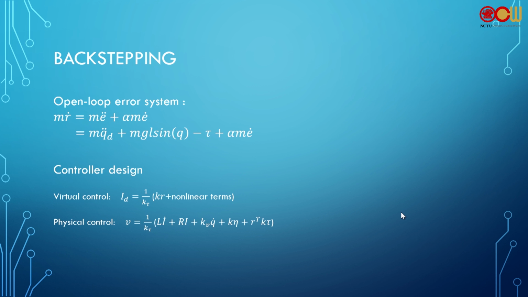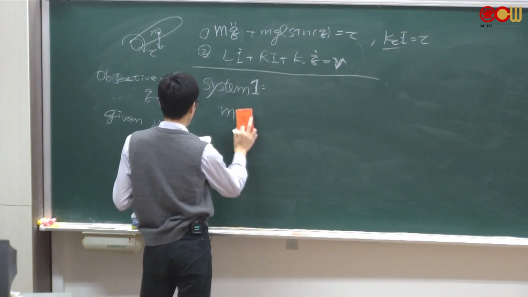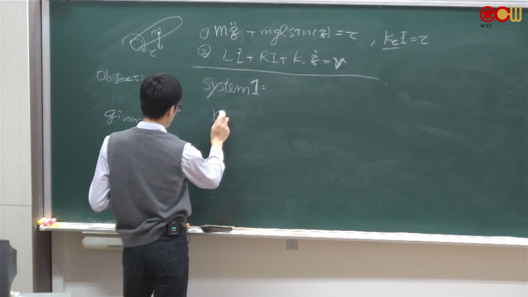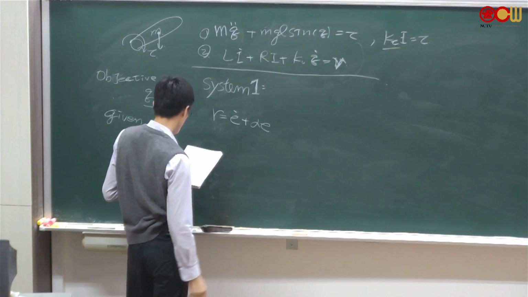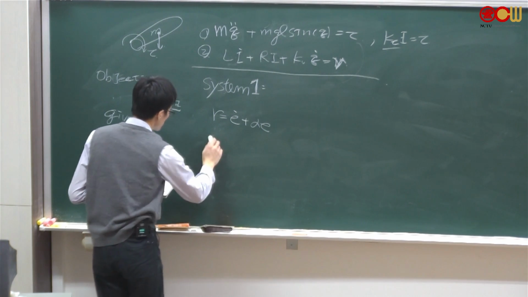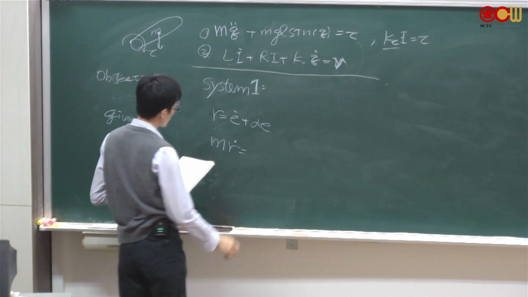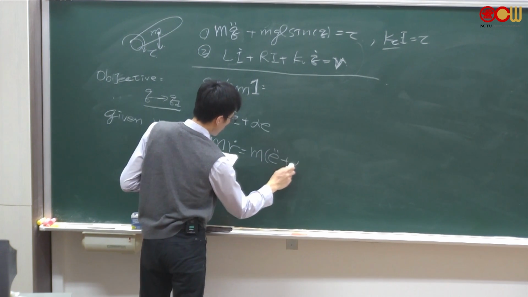So now let's try the backstepping approach. For backstepping, we have virtual control and physical control. Let's find the virtual control. Because we are doing tracking control, I will use the filtered tracking error defined as r equals E dot plus alpha E. Then for M r dot, I have M E double dot plus alpha E dot.